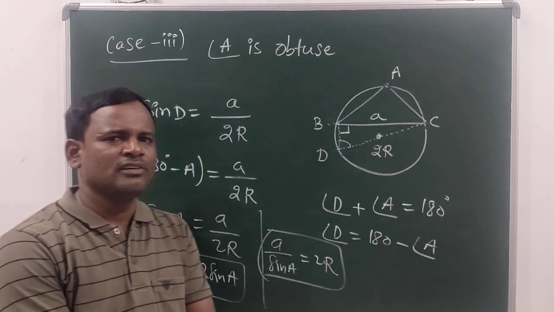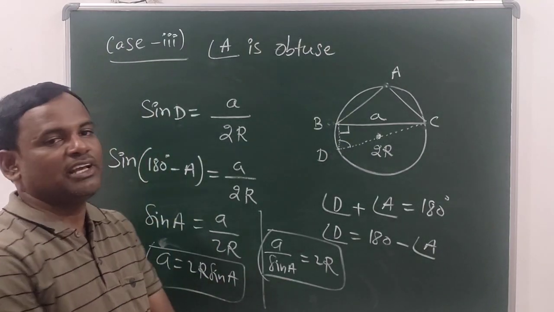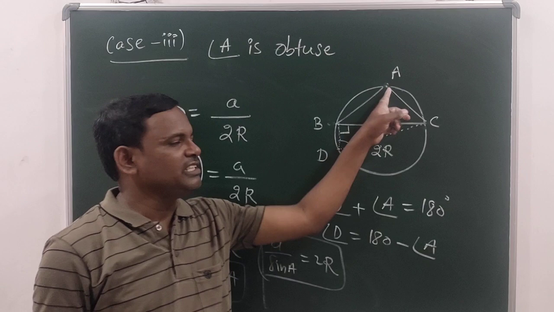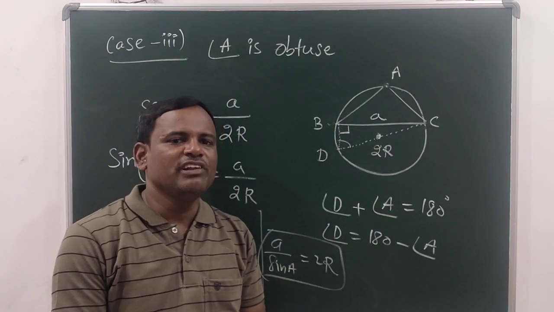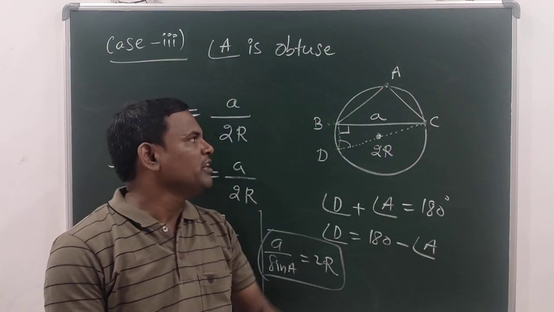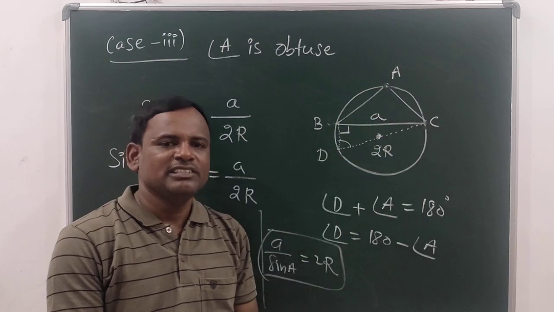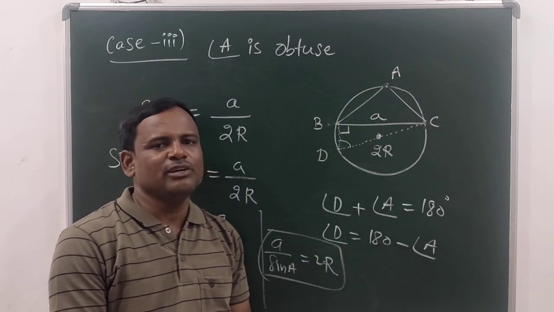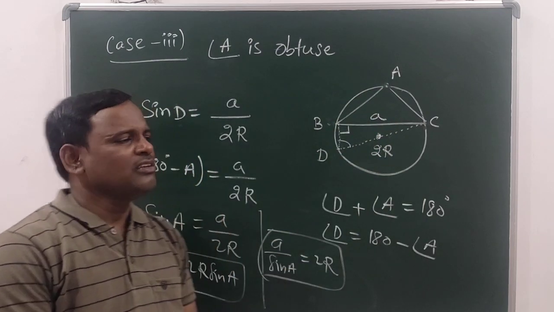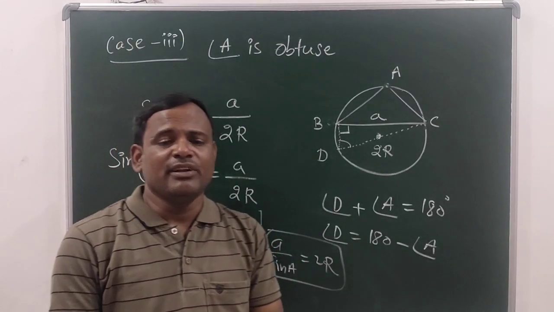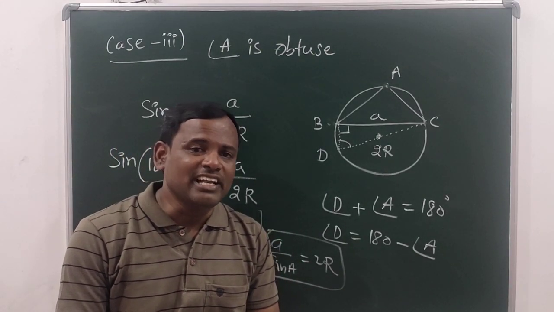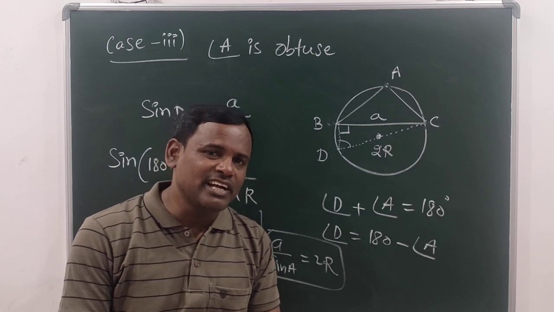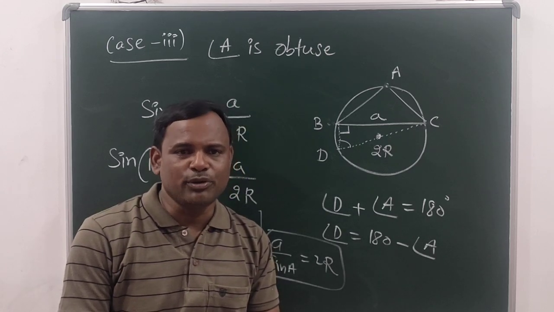Okay, students. So similarly, if you replace this A by B, you will get b by sin B equal to 2R. If you replace A by C, you will get c by sin C equal to 2R. Okay. So here I proved the sine rule when angle A is acute, angle A is a right angle, angle A is obtuse.